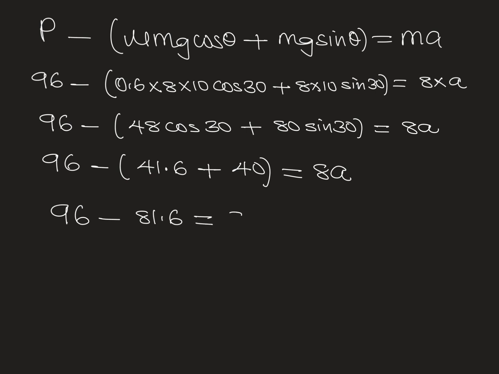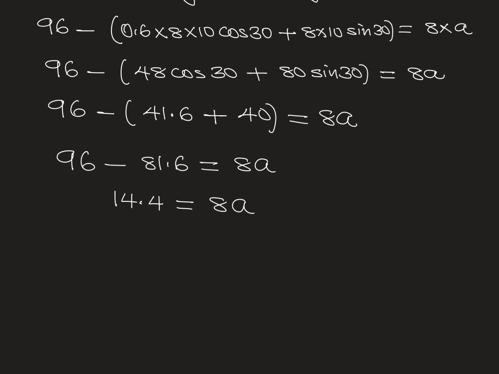This is equal to 8a. So 96 minus 81.6 is 14.4. This is equal to 8a. To find a, you divide both sides by 8. So therefore, the acceleration will be 1.8 meters per second squared.